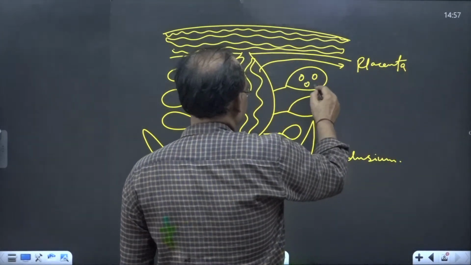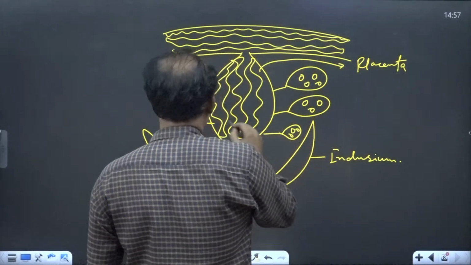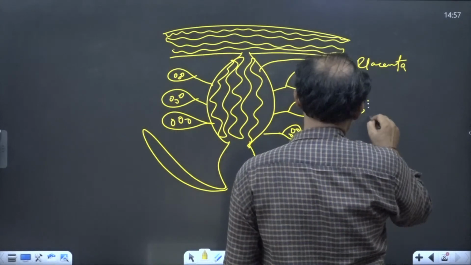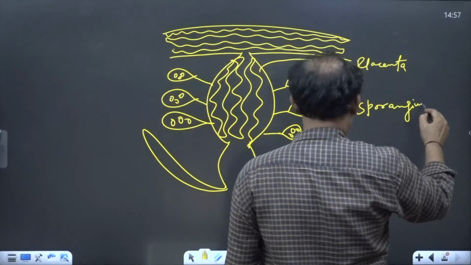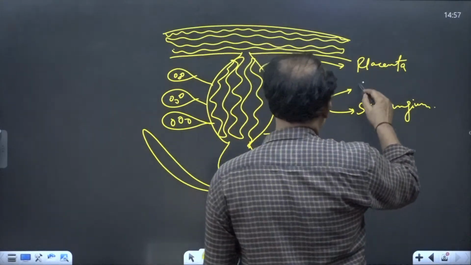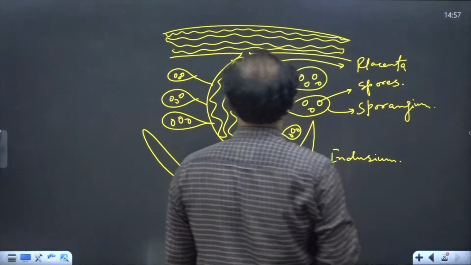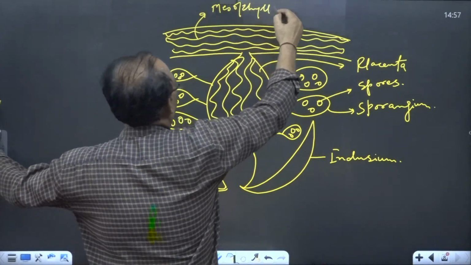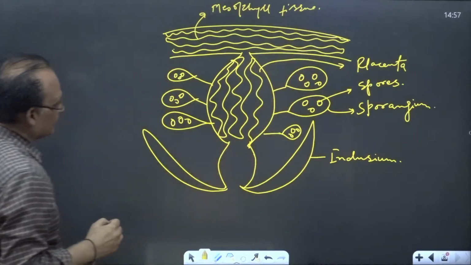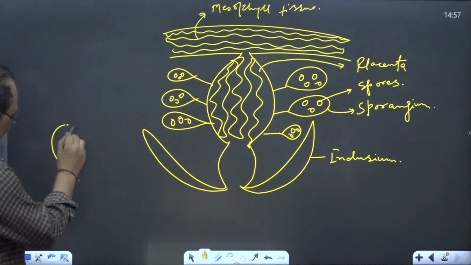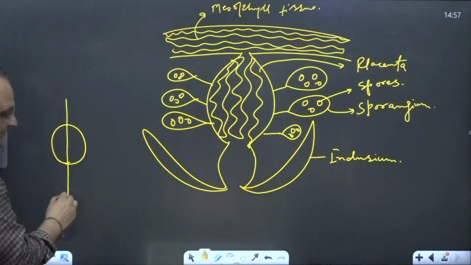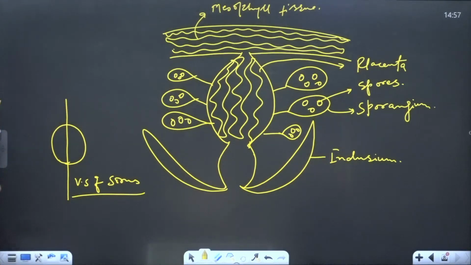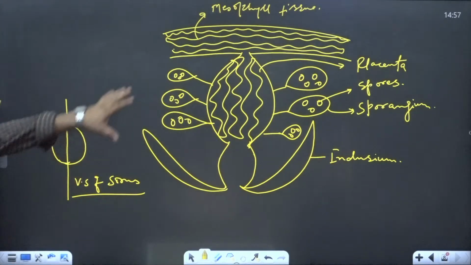And this contains sporangium. This sporangium contains spores. So if you take a vertical section of sorus, you will get this structure.